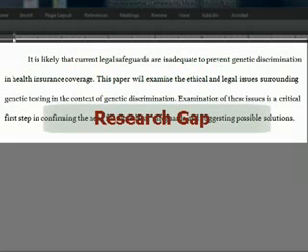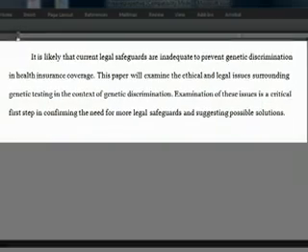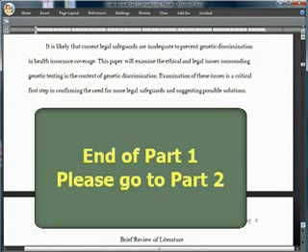That's the statement of the purpose. Here is the research gap or need that it fulfills. "Examination of these issues is a critical first step in confirming the need for more legal safeguards and suggesting possible solutions." And that is a solid introduction section for an APA paper.